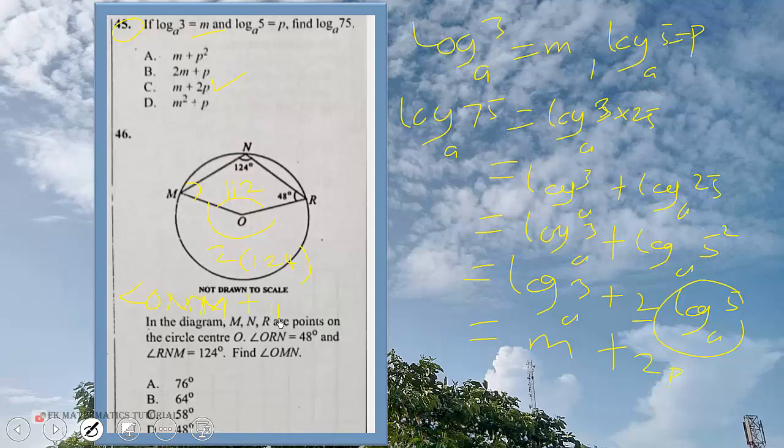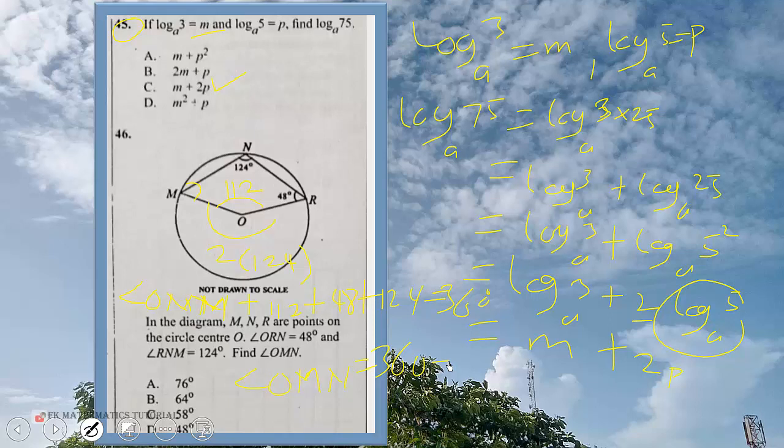Now angle OMN plus 112 plus 48 plus 124 is supposed to be equal to 360 degrees. So angle OMN will be equal to 360 minus the sum of all these.